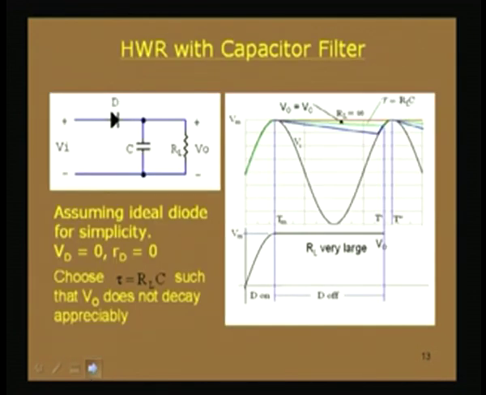Now, in order to smoothen out the output voltage, we will employ a capacitor filter to smoothen out the DC voltage which we get without the capacitor.